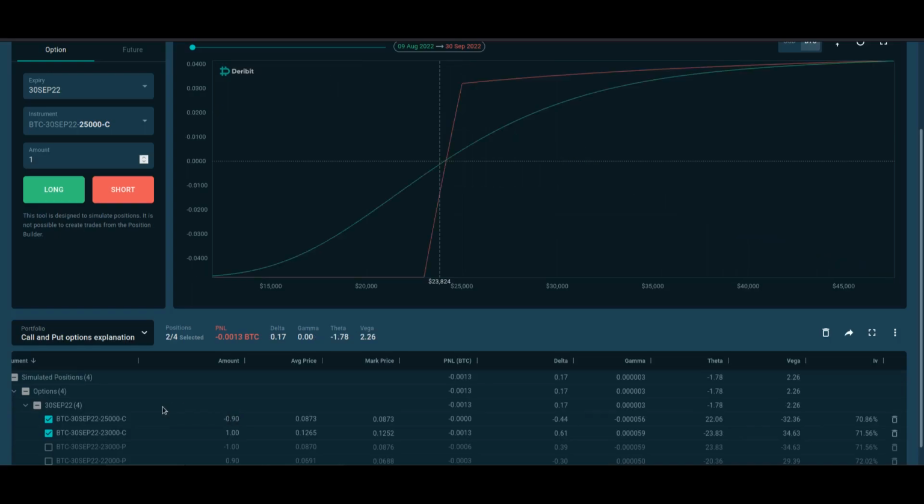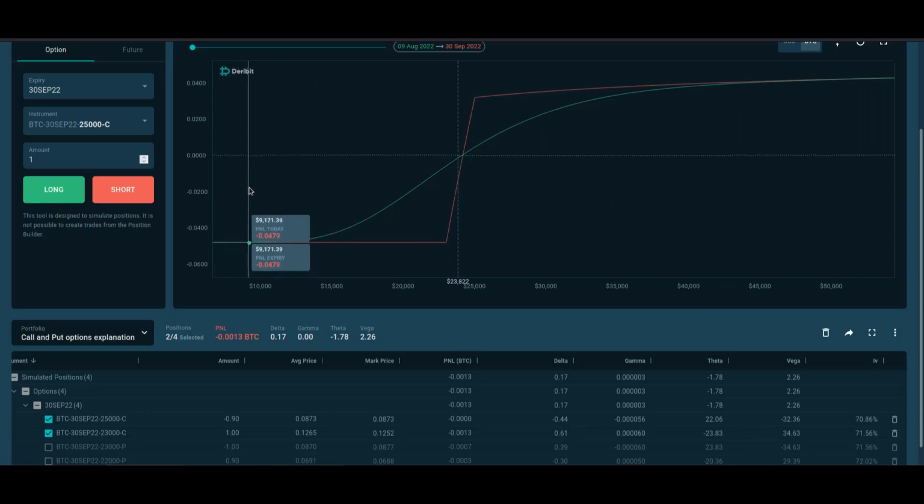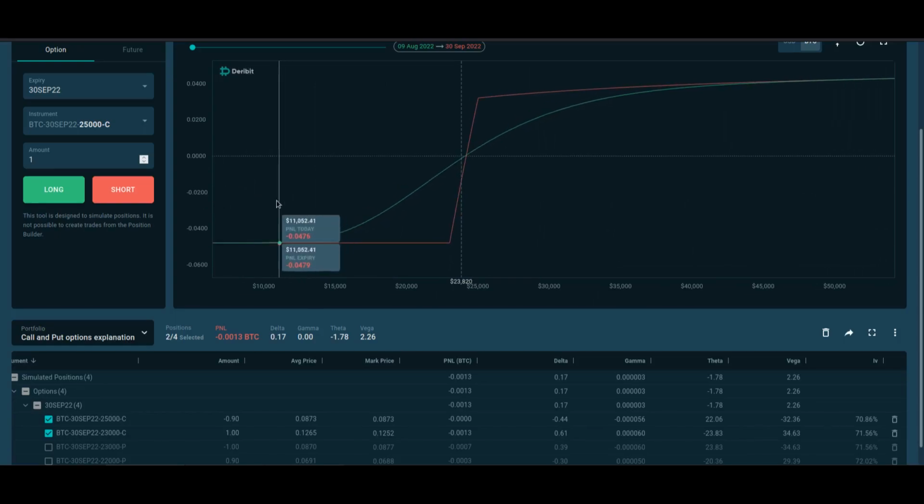Also we have Delta Exchange, but I'm currently passing verification there. It looks like Delta Exchange has a more correct position builder. Not sure, we'll update you soon.